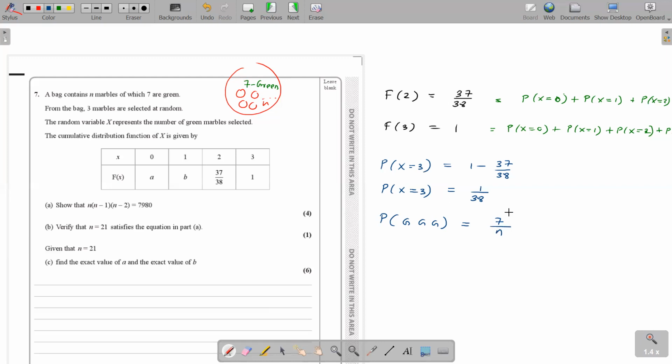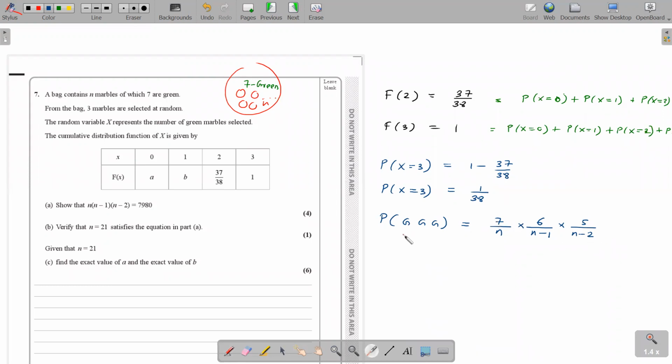So you take the first green marble out. Then what's the probability of taking the next marble? They're not replacing, so you have 6 chances out of n minus 1. Then for the third marble, you have 5 out of n minus 2. So this is the probability of taking 3 individual green marbles.